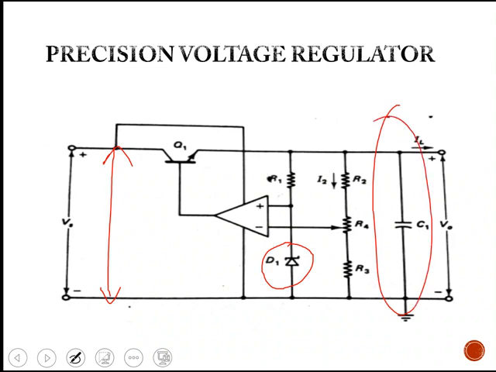So this is the potential divider arrangement, where it sets one of the input voltages to the op-amp, which is negative, and you have one more Zener voltage which sets the reference voltage at the positive terminal.